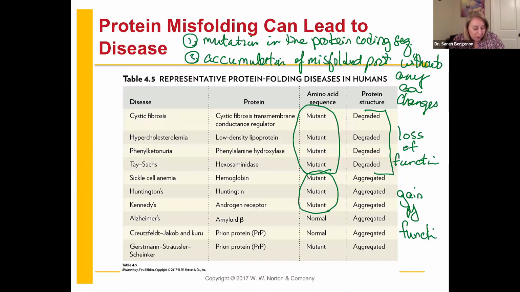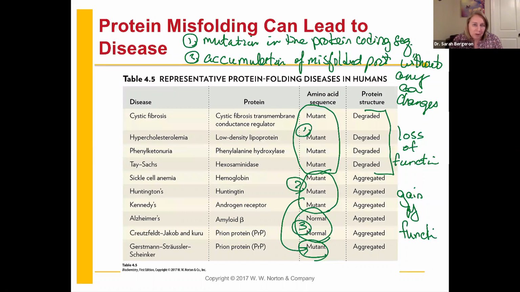And then the third type is that you have a normal sequence. So here's another mutant, right? So the third type though, so you have 1, 2, and 3, is that you have a normal sequence.